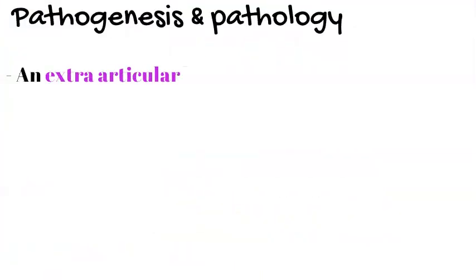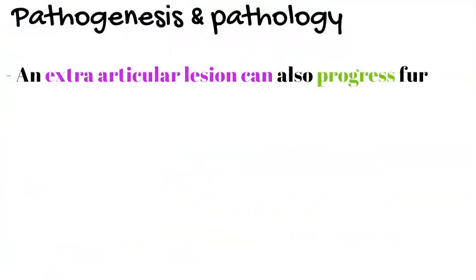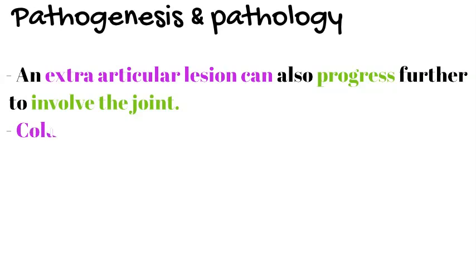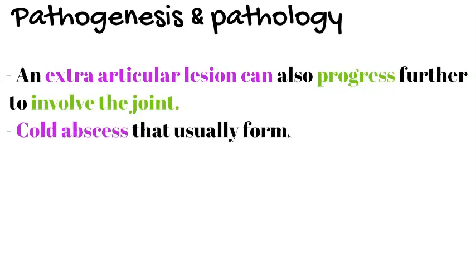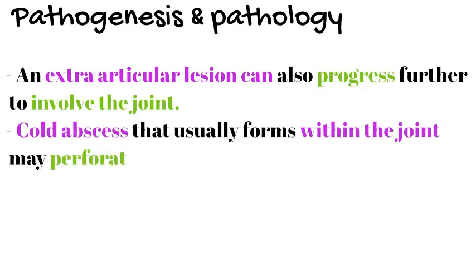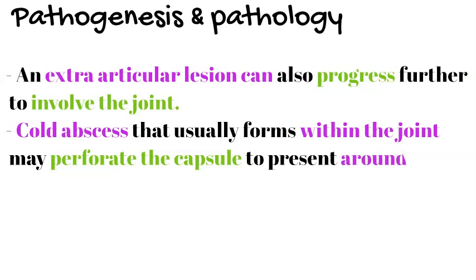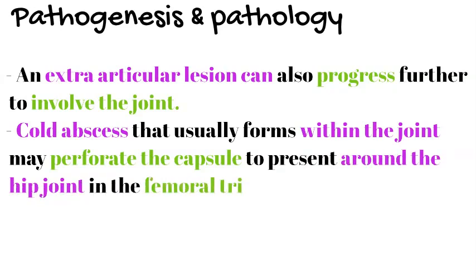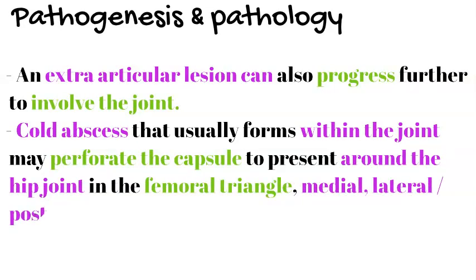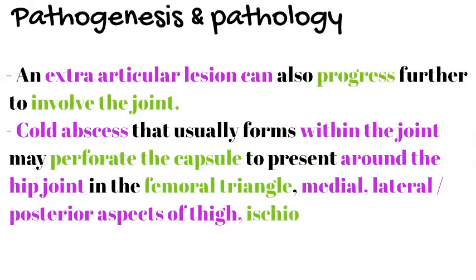An extra-articular lesion can also progress further to involve the joint. Cold abscess that usually forms within the joint may perforate the capsule to present around the hip joint in the femoral triangle, medial or lateral or posterior aspects of the thigh, ischiorectal fossa.